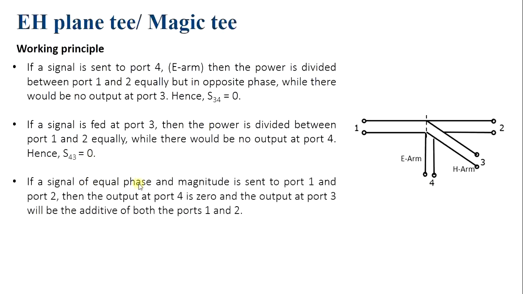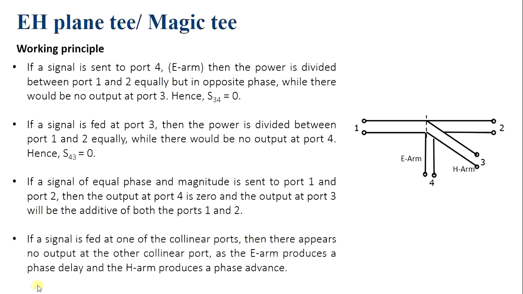If a signal of equal phase and magnitude is sent to port 1 and to this port 2, then the output at port 4 will be 0, and the output at port 3 will be the addition of port 1 and port 2 signals.